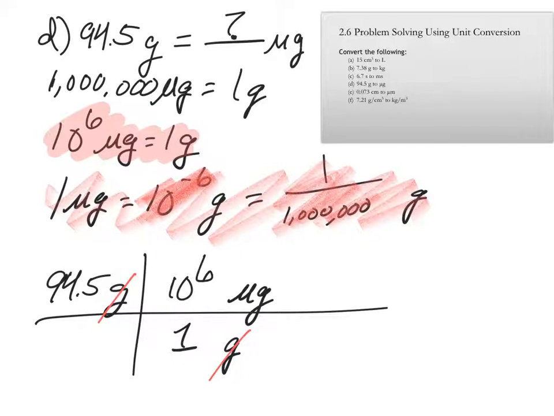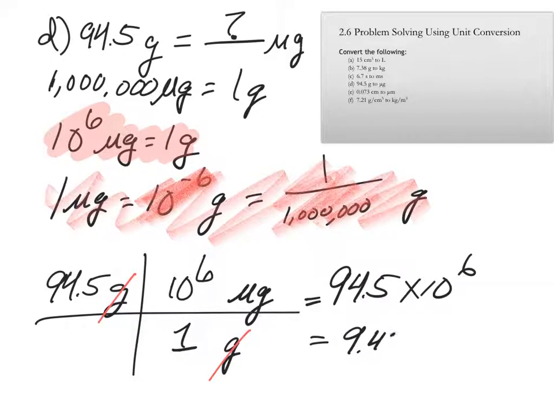Your grams cancel out. And you could just simply do this problem. 94.5 times 10 to the 6th is really 9.45 times 10 to the 7th, and it's micrograms.